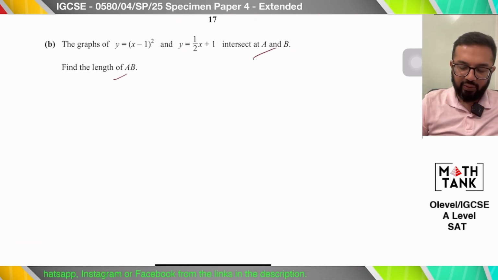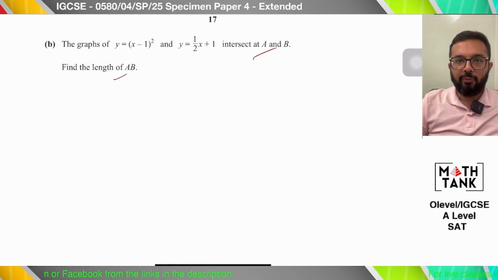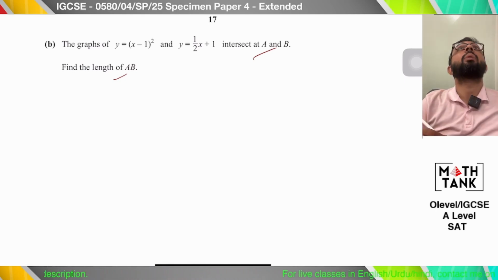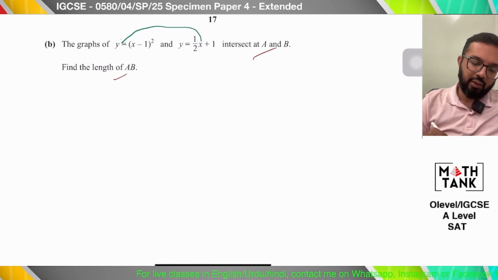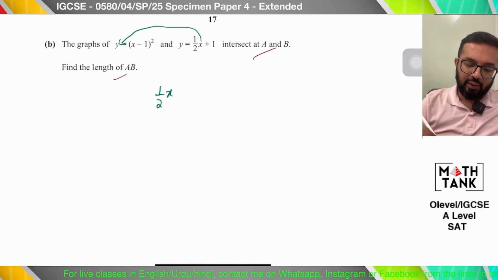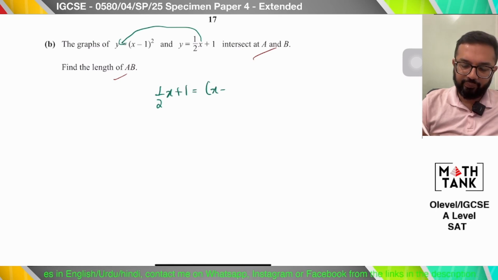Intersect at A and B, find the length of AB. Whenever you want to find intersection points, you solve simultaneously. You just substitute this here, then expand the brackets and solve. Take a common denominator here.